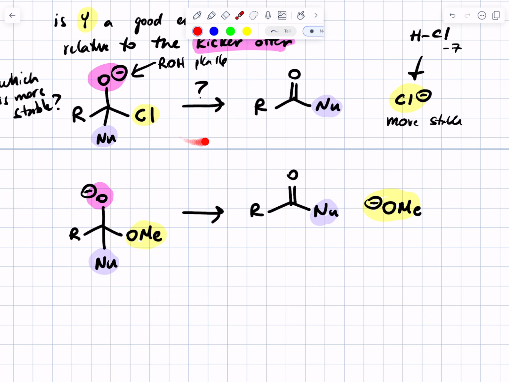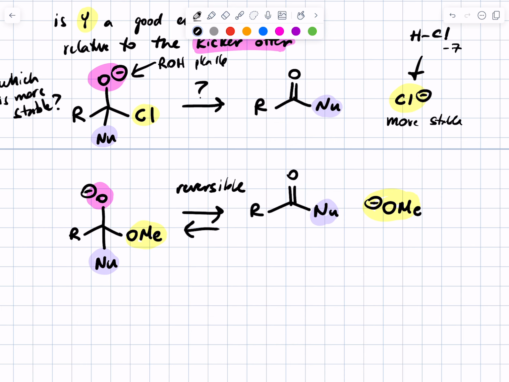I would say this equilibrium constant would be much greater than 1. It would be very favorable for Cl minus to get kicked off. Probably less favorable for OR minus to get kicked off. You might expect that equilibrium constant to be closer to 1. In fact, you might expect this step to be reversible.